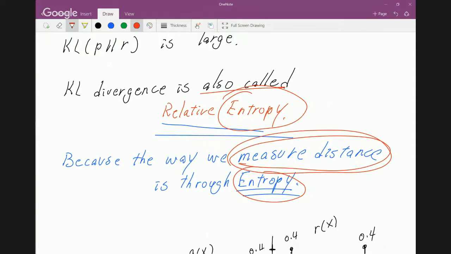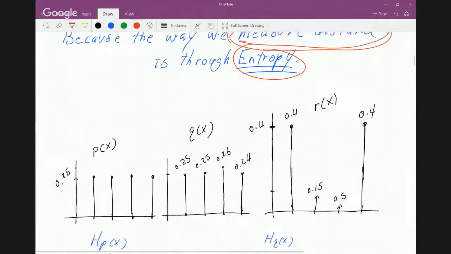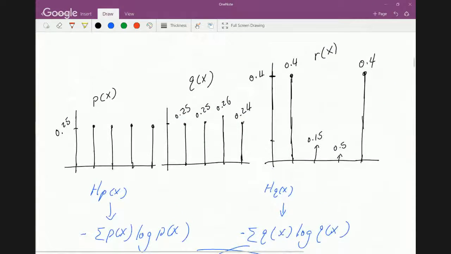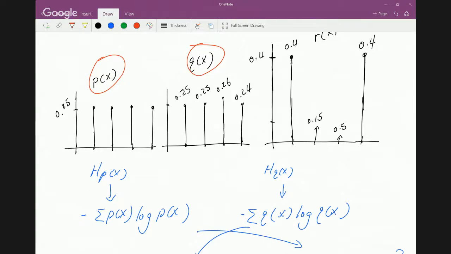So from that, you can picture how you could formulate this equation. What makes the most sense would be that you just calculate the entropy of one and subtract the entropy of the other one, which makes a lot of sense. And it's very, very close to what we're doing.